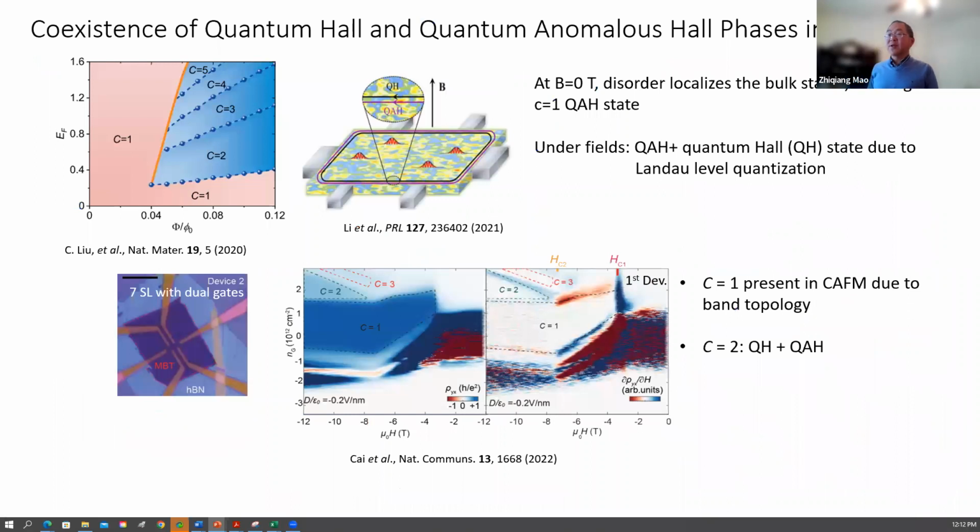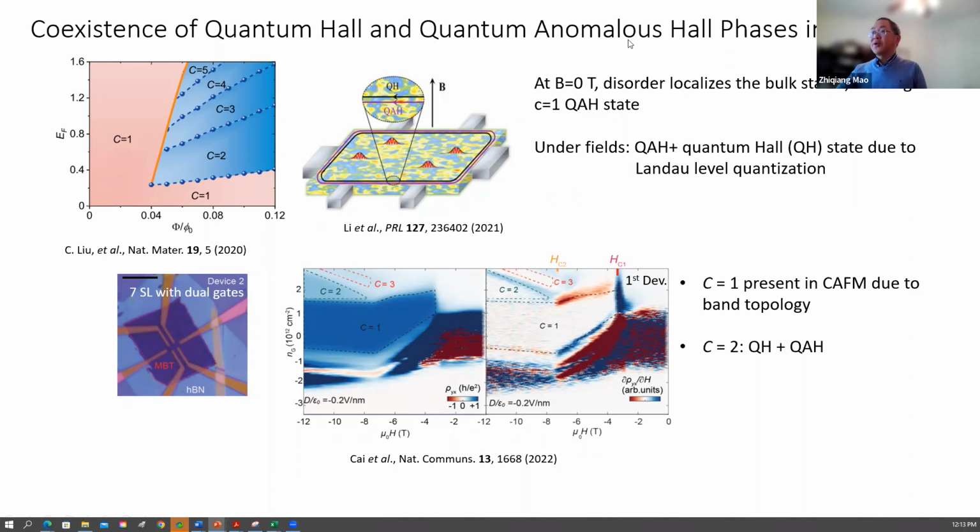Another interesting phenomenon in the system is the coexistence of the quantum anomalous Hall and the quantum Hall effect. This is a theoretical prediction. At zero field, disorder can localize the bulk state and form a Chern number 1 quantum anomalous Hall state. This is a predicted phase diagram.